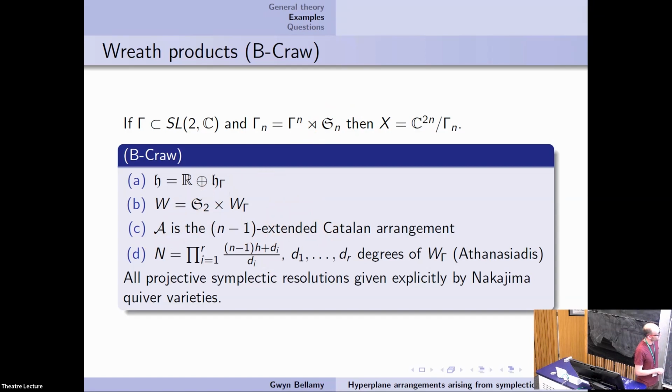There's this amazing result by Athanasiadis, who gives a very explicit formula for the number of resolutions, in terms of h, the Coxeter number, and the d_i, the degrees of the polynomials. In this case we actually constructed all the symplectic resolutions explicitly, because they're given by Nakajima quiver varieties. So this is a much more non-trivial example.